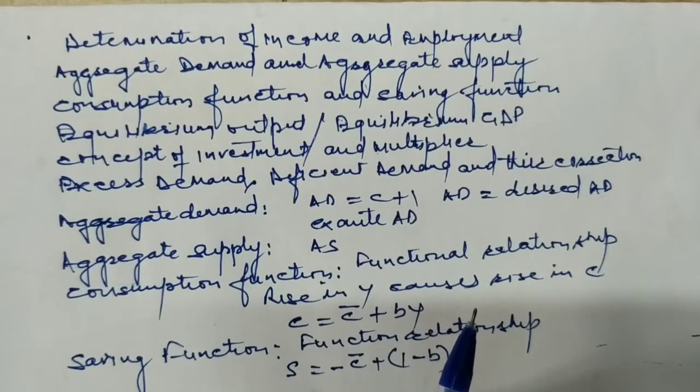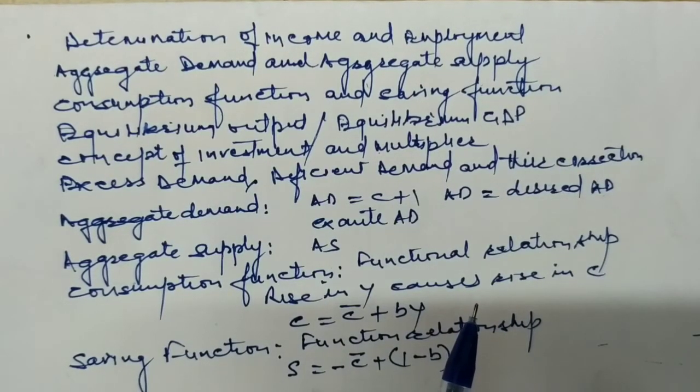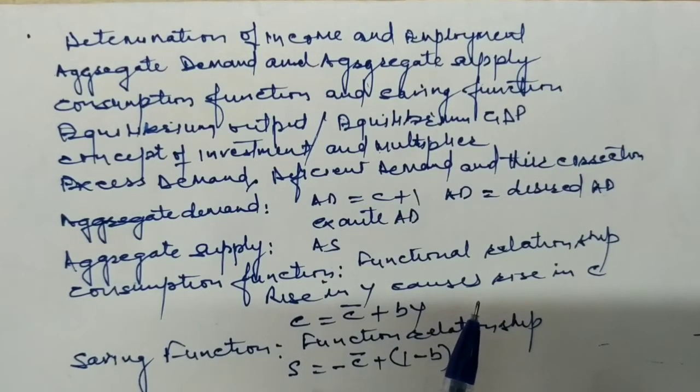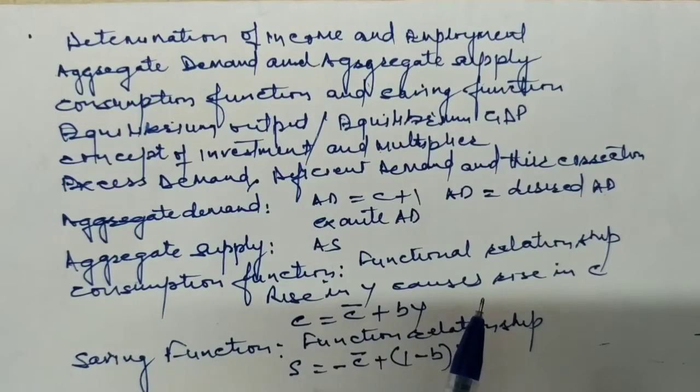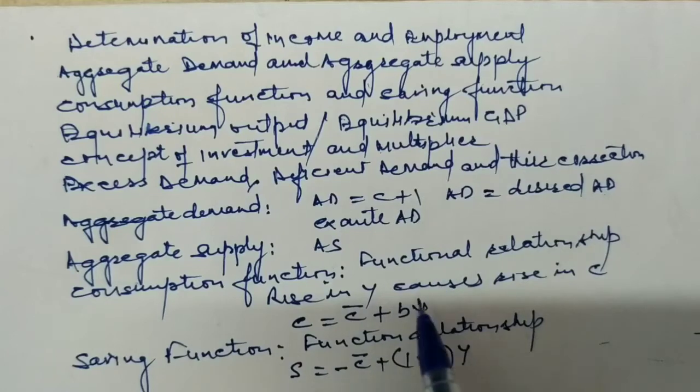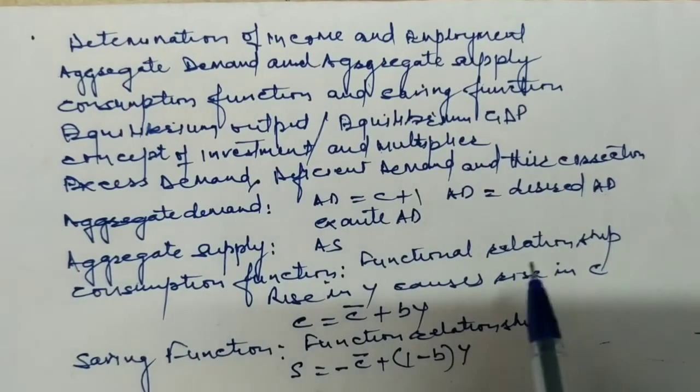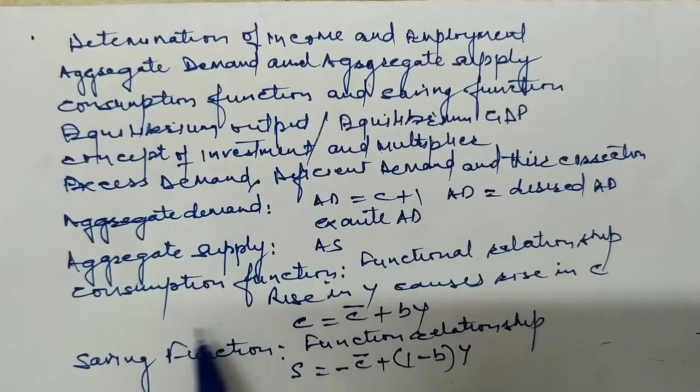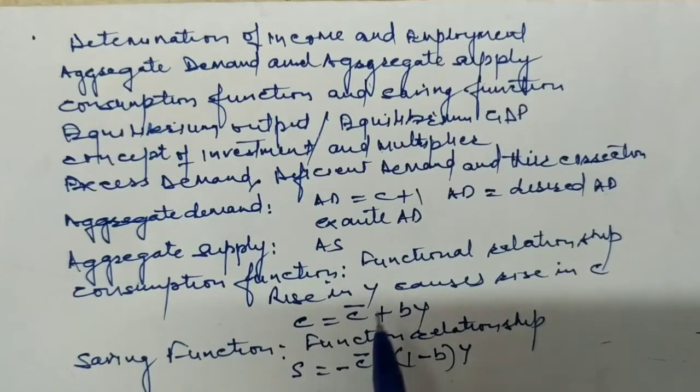Aggregate supply is measured as planned output of goods and services during a period of time. Planned means desired or ex ante aggregate supply. And these are the equations of consumption function and saving function.